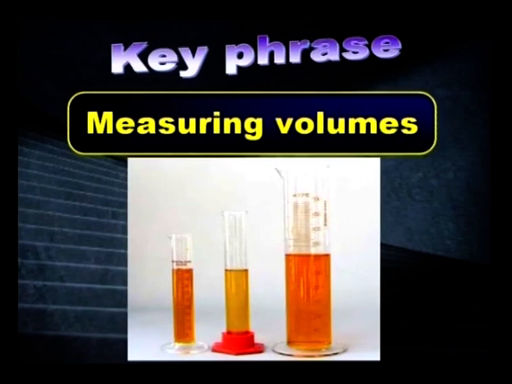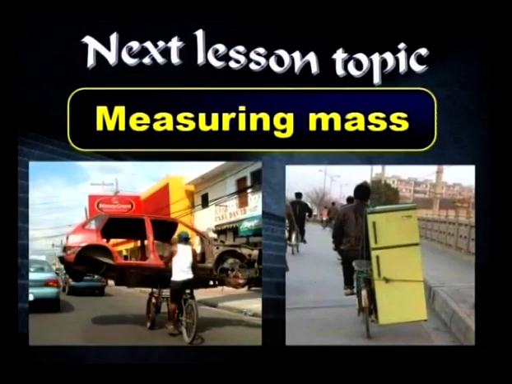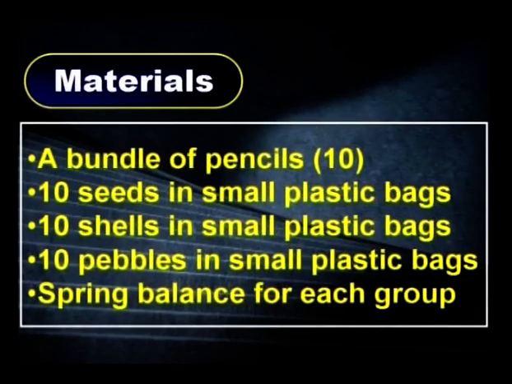Our next lesson topic, teachers and students, will be measuring mass. These are the expected materials. If you do have them, you should provide them. If you don't, you may substitute the materials. The materials are as listed below.